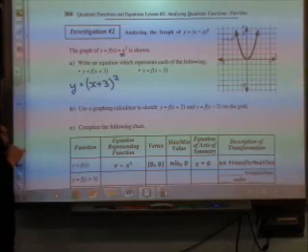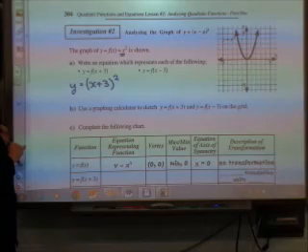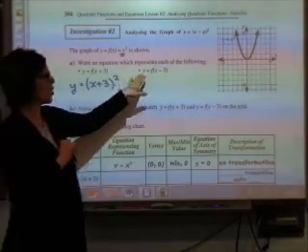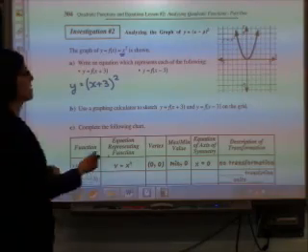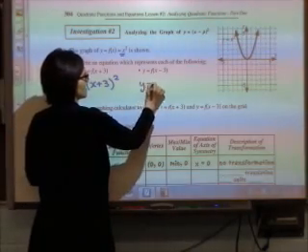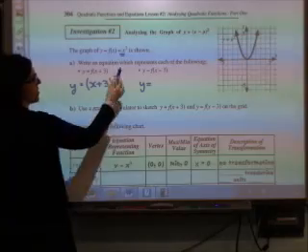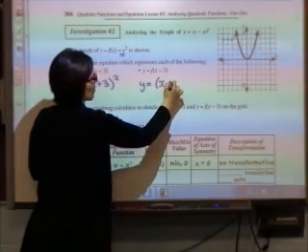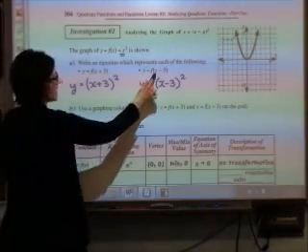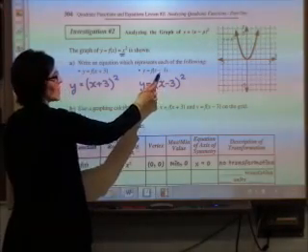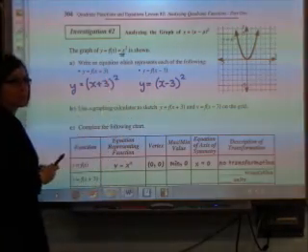This becomes my equation. So if I have the equation y equals f of x minus 3, my equation would be x minus 3 squared, because this means substitute x minus 3 in for x of this equation.